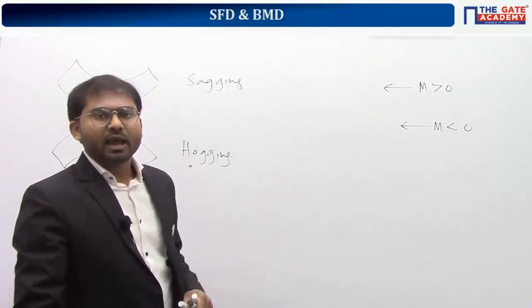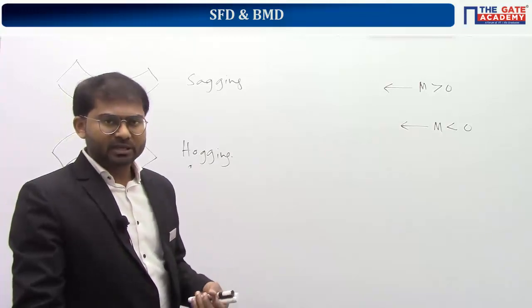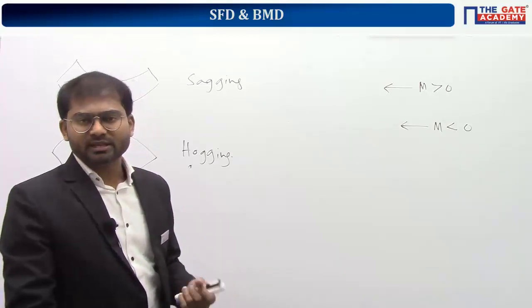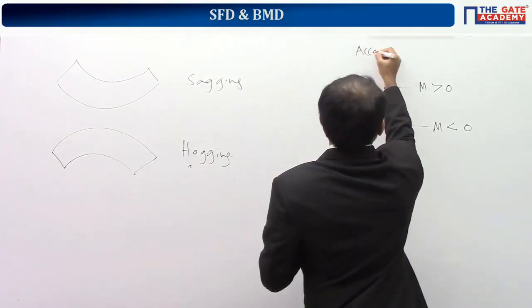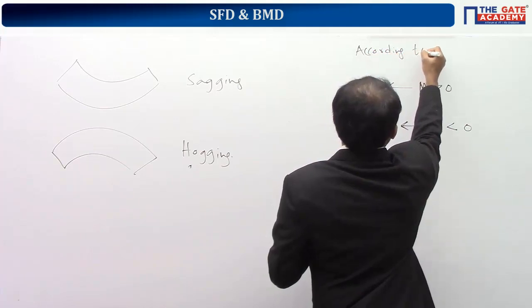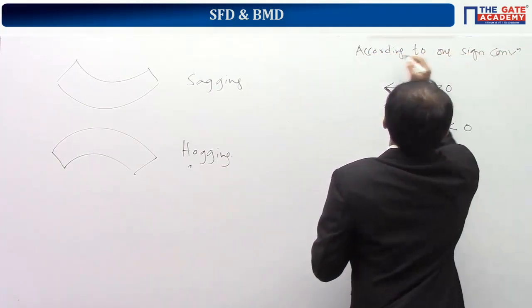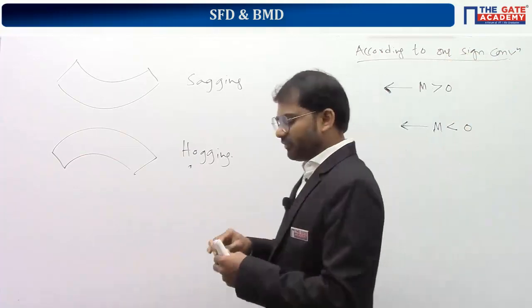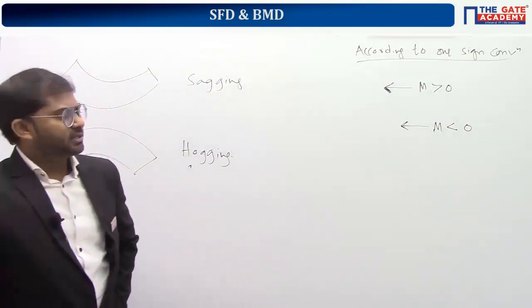And if the bending moment value is negative, at that location the member is undergoing hogging. Clear? So you can write down like this: according to our sign convention, if bending moment is positive, it is sagging. If it is negative, it is hogging.